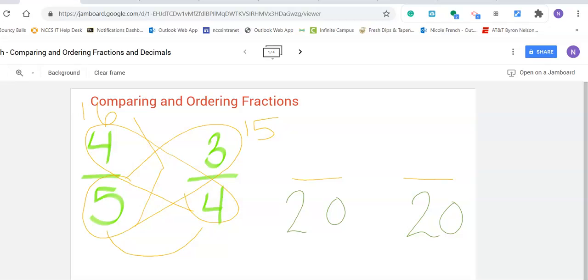So if 5 times 4 is 20, whatever I do to the bottom, I have to do to the top. 4 times 4 is 16. If 4 times 5 is 20, 3 times 5 is 15. This also shows me that 4/5 or 16/20 is greater than 3/4 or 15/20.